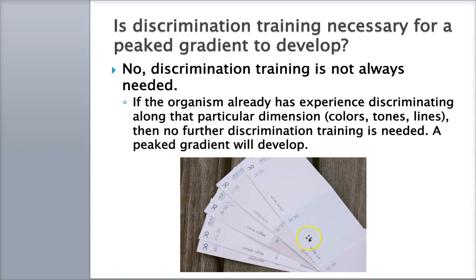So they would actually know the colors, and they look very different to them because they have that experience. And so that's the difference, is discrimination training, it depends. It depends on whether you already have the experience or not. If you do, you probably don't need further discrimination training, but if you do not, you might actually need explicit discrimination training in order to learn the differences before you'll get a peaked gradient.